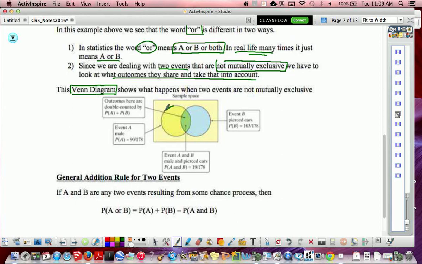This circle right here might represent a certain event. Here it says event A is male, so everything within the circle represents all the males. Sometimes it might help to write "males" here. This second circle represents our second event, which is pierced ears.